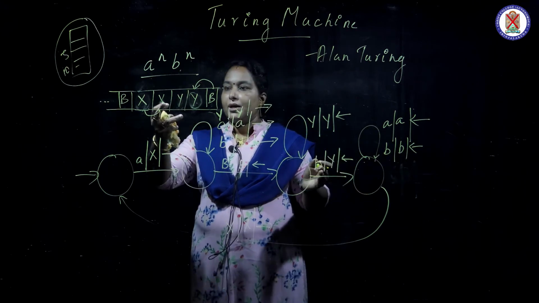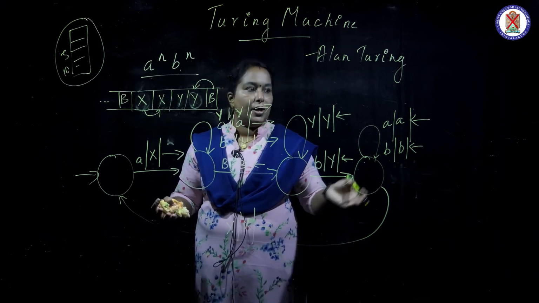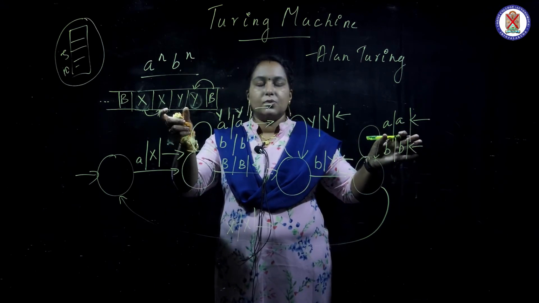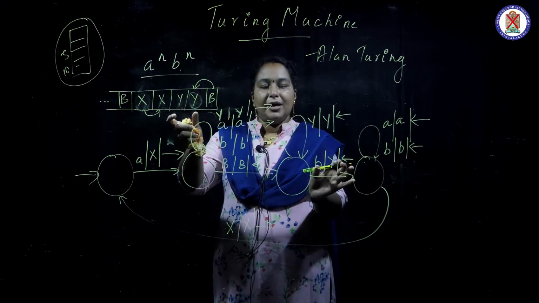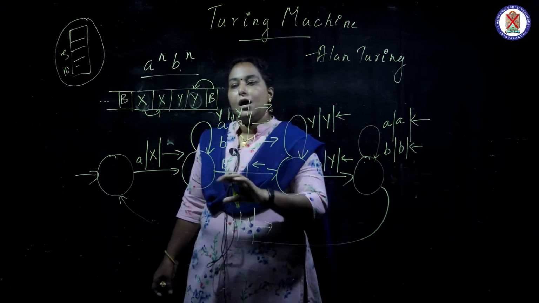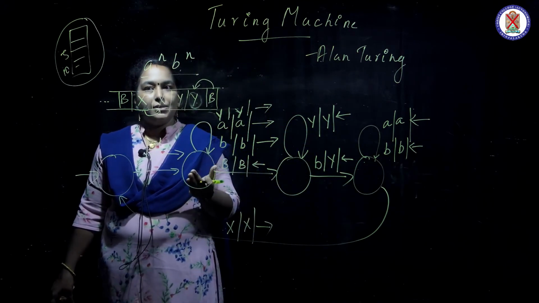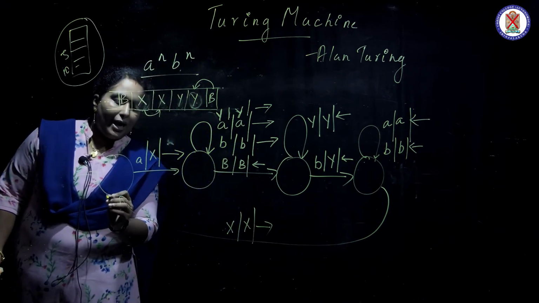When X comes we have to move forward. In between Y and X there will be only A's and B's, and if X comes you have to move forward and look whether other A's are left or not. If not left, you must accept.